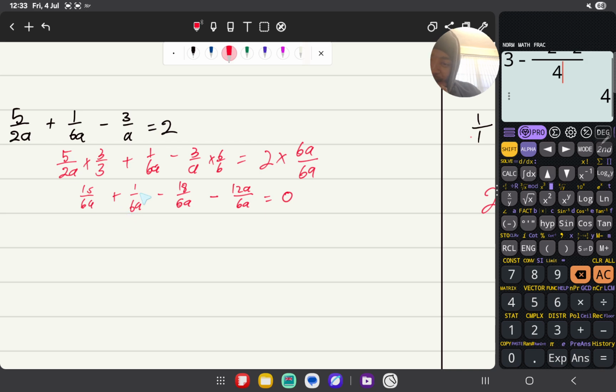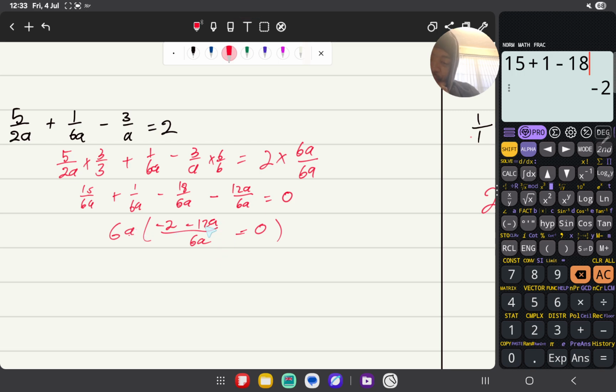So now if I add the numbers, I have 15 plus 1 minus 18. We have minus 2, and then we have minus 12a over 6a equals 0. Multiply by 6a both sides.